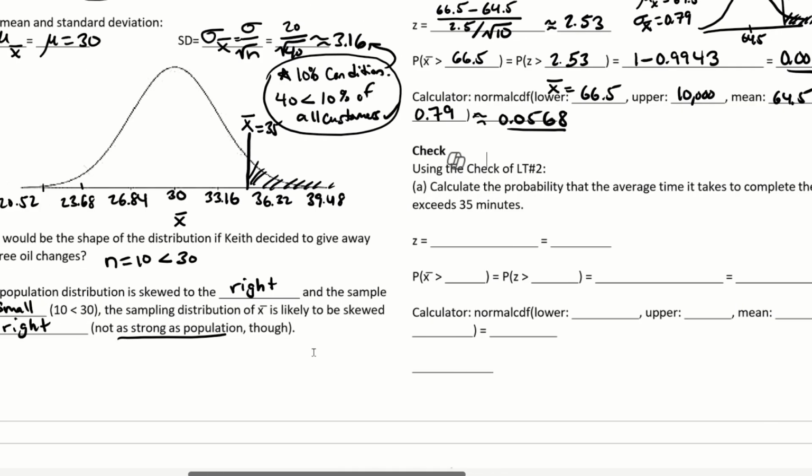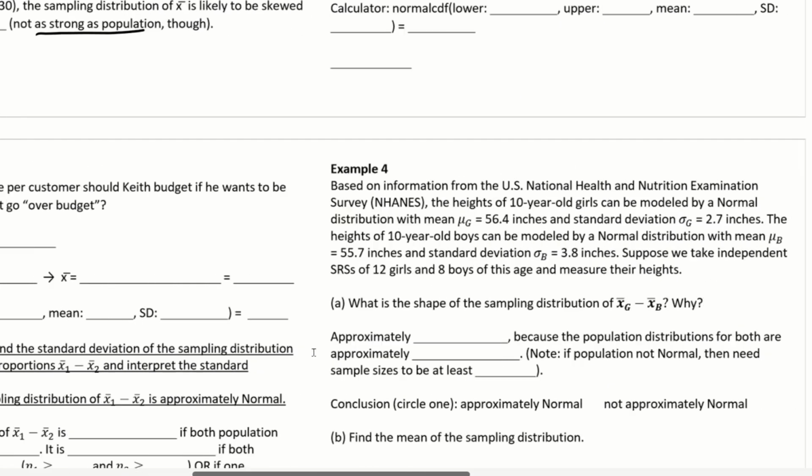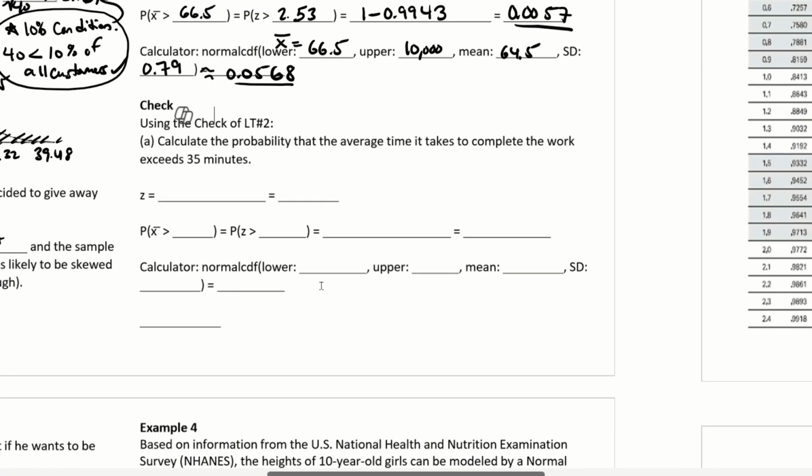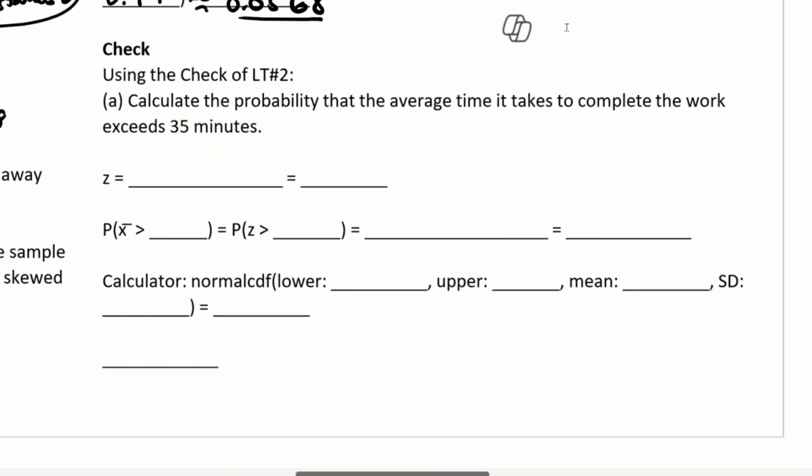There's part A, this is part B. Hopefully you tried it. It's good to practice it on your own before checking the solution and getting feedback.